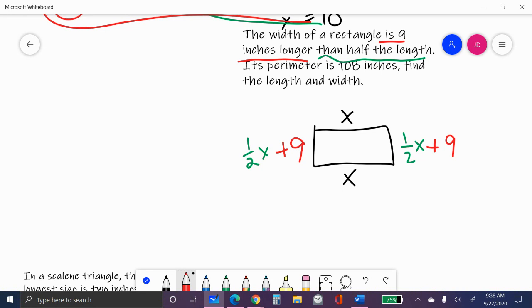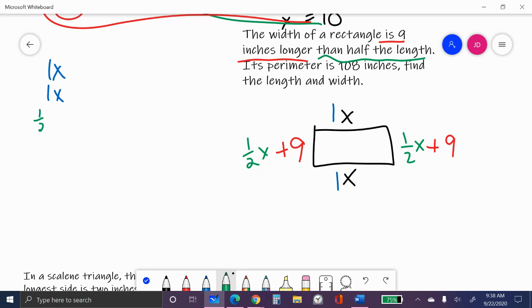Now remember, whenever there is no number out in front of x, there is an invisible 1, right? So again, I'm going to combine like terms. 1x, 1x, 1/2 x, or you could do 0.5.